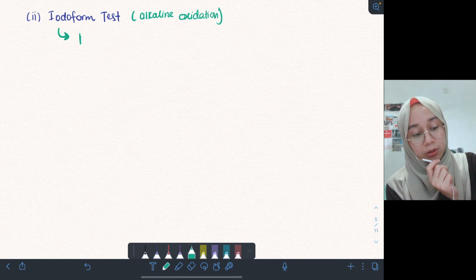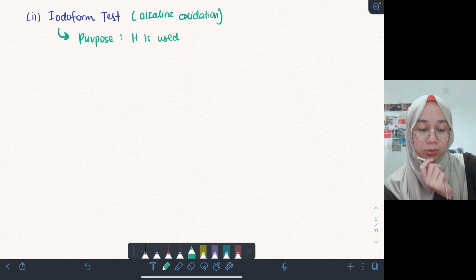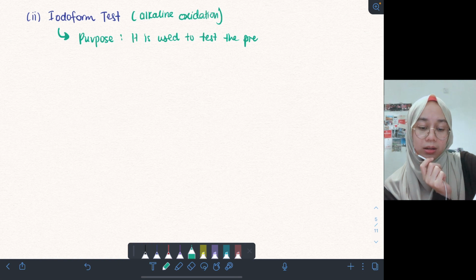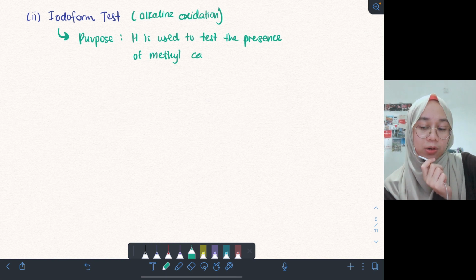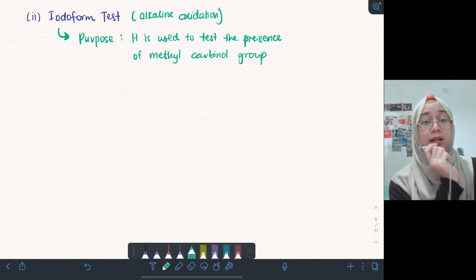Okay, so purpose, it is used to test the presence of methyl carbinol group. So what is methyl carbinol group?